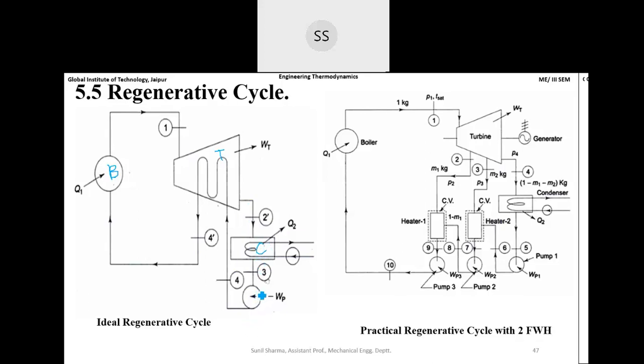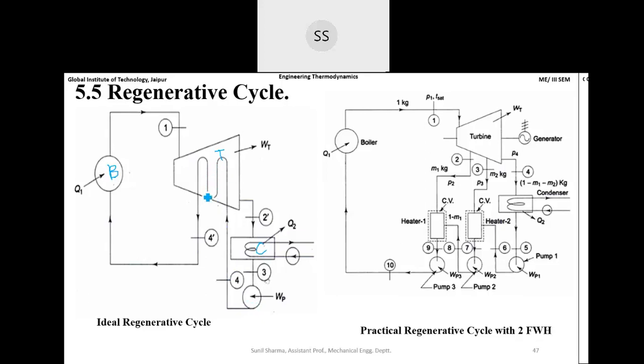But in this case of the ideal regenerative cycle, what we are doing is that after the pump, the pressurized water moves along the turbine. Okay, so this is indirect mixing, not direct mixing.